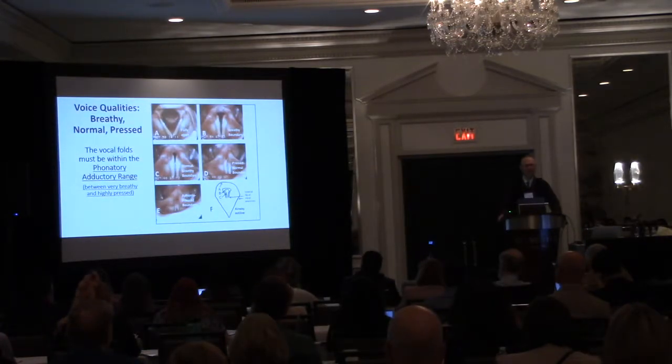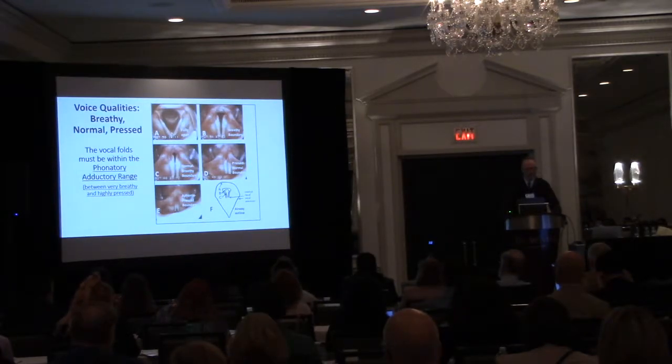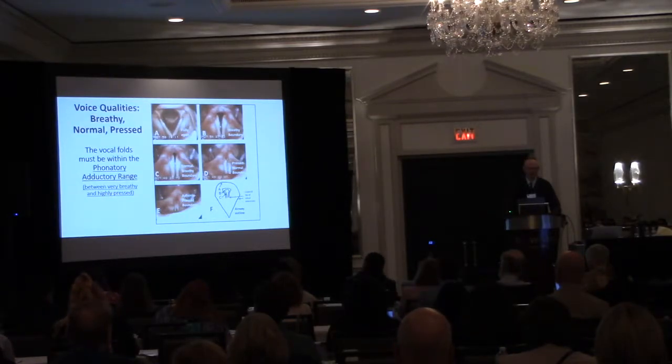Also part of adduction is this breathy to normal to pressed. You can't phonate unless you're in the phonatory adductory range. In this illustration A, the vocal folds are maximally separated, and in B here, they are close enough that you have the breathy boundary for this particular larynx.